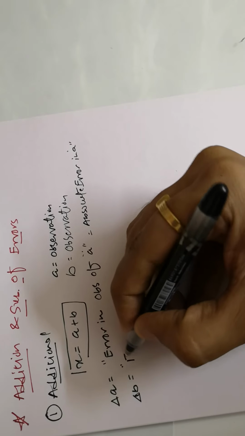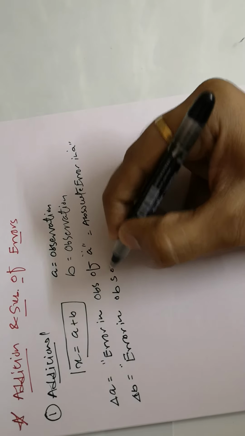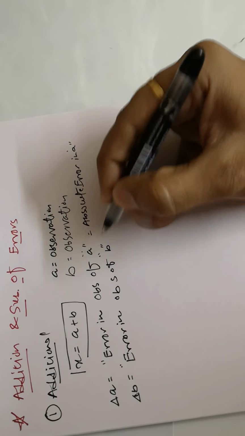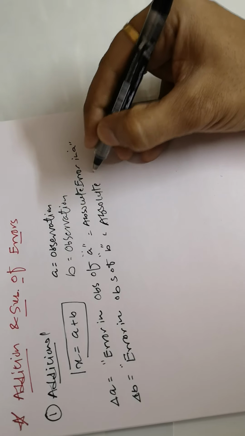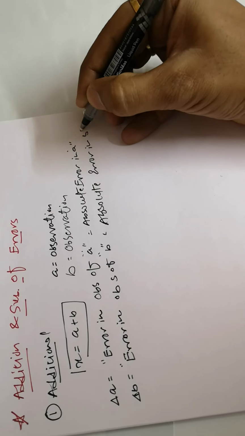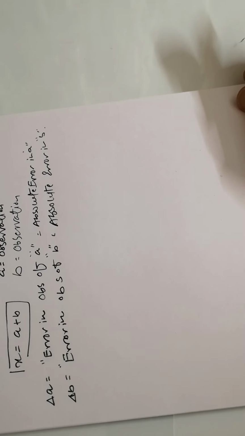Delta b is called the error in observation of b, or the absolute error in small b. So these are the primitive notations I have mentioned.